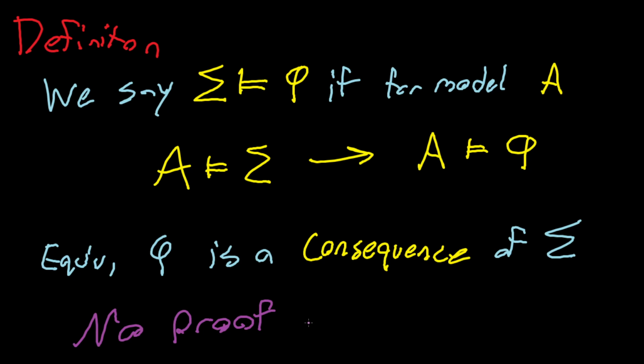However, this doesn't actually mandate that we prove that phi is true. So sigma, not yet. And in fact, it will be the case that sigma is able to prove phi is true. But for now, all this definition says is that phi is a true statement, considering that everything in sigma is true.